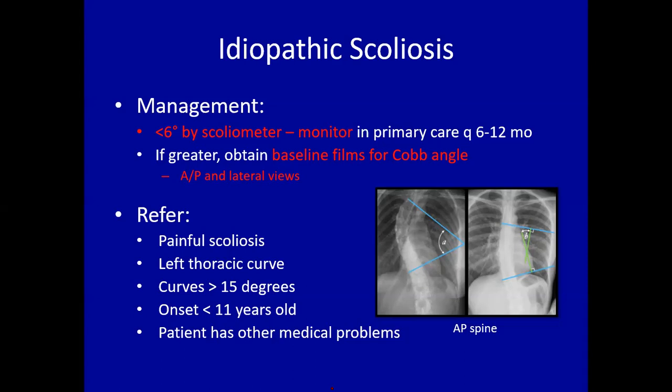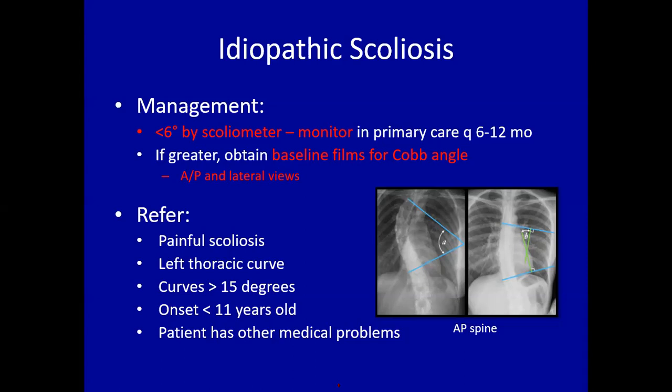If it's greater than 60 degrees, we should send them for some special x-rays, and we should ask that the radiologist measure a Cobb angle, which sometimes they will, but usually you have to ask it. You need to get an AP and lateral view and ask for the Cobb angle.